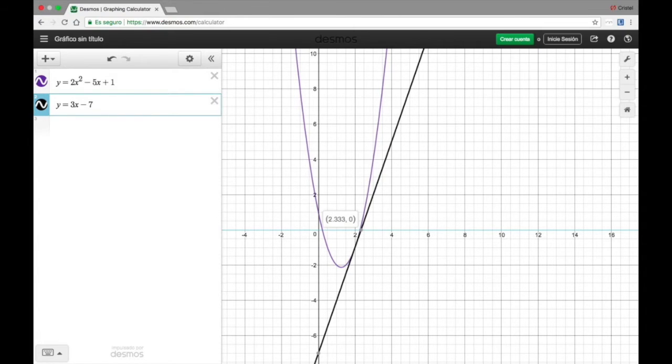In this case, our tangent line was y equals 3x minus 7, and the original equation was y equals 2x squared minus 5x plus 1. We had to solve for the tangent line at x equals 2.